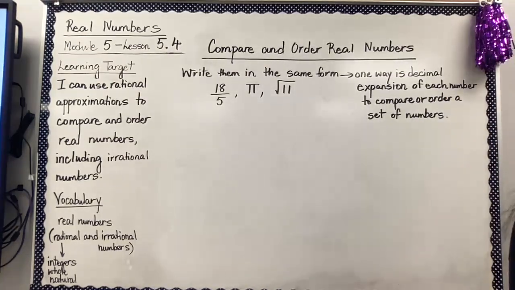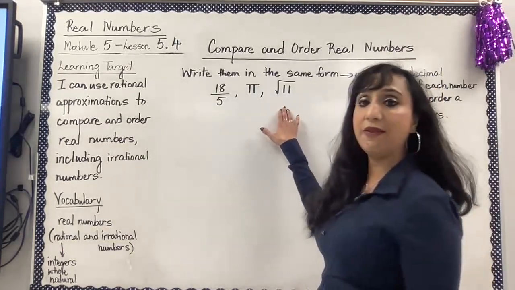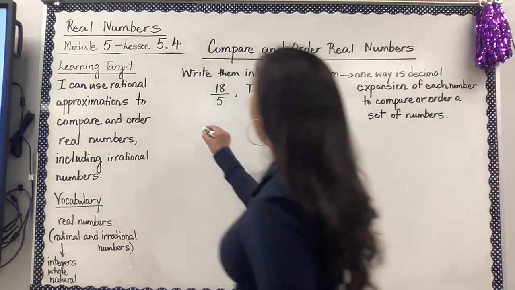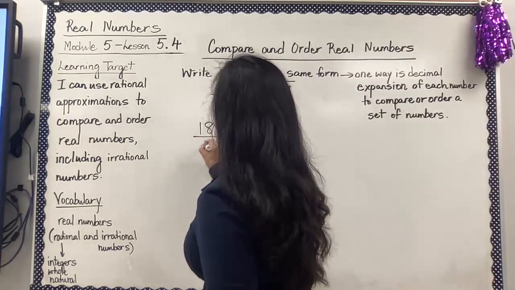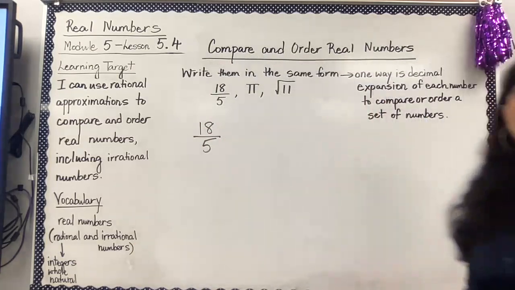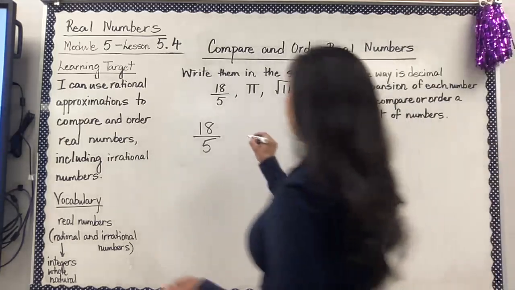So let's look at these numbers that we have over here. We have 18 fifths, we have pi, and we have the square root of 11. We are going to write each number in decimal notation. 18 over 5: when I divide 18 by 5, I get 3 and 6 tenths.